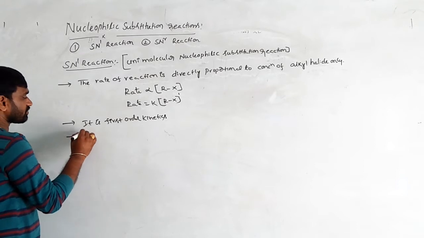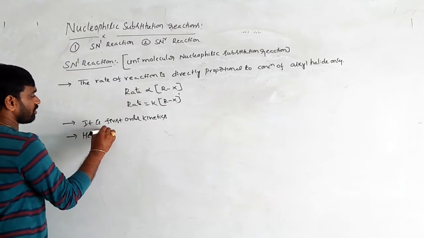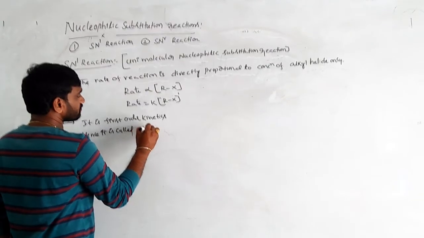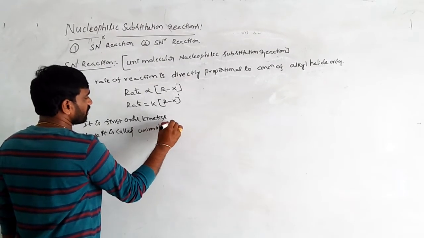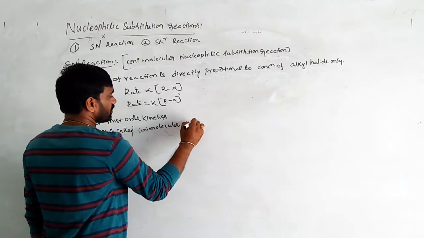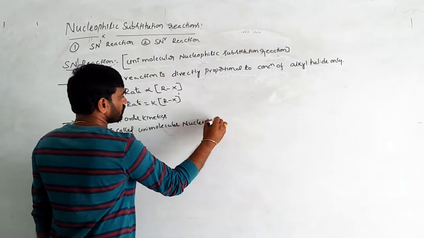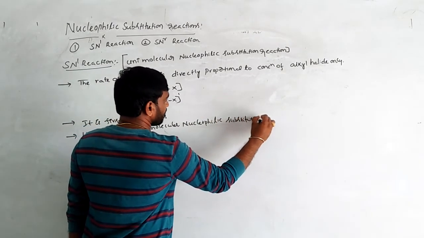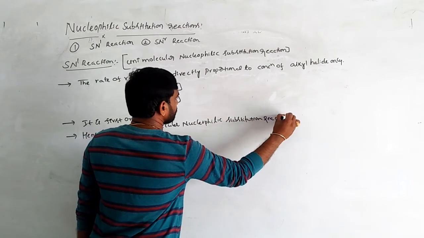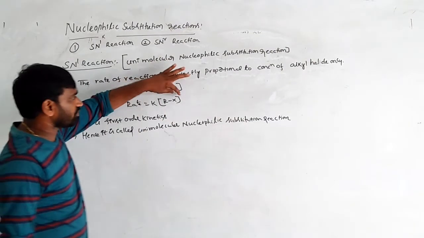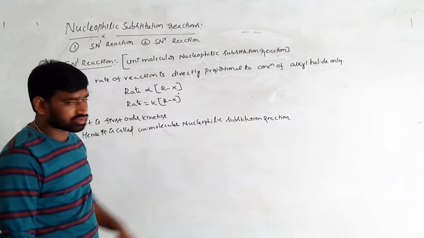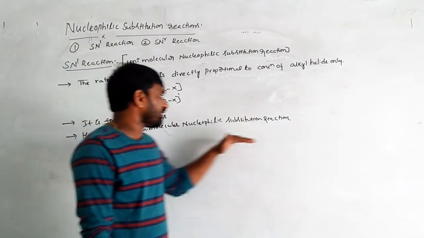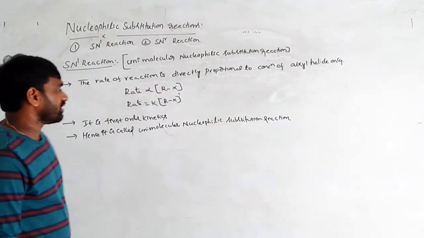Hence it is called unimolecular nucleophilic substitution reaction. So here the order is 1. Hence it is which order kinetics, students? First order kinetics. Hence it is known as unimolecular nucleophilic substitution reaction.